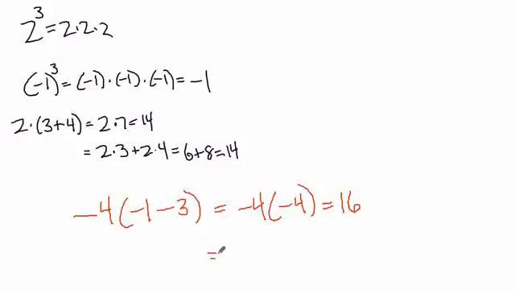And then by distributing, now you're going to get to use your multiplication skills. Minus 4 times minus 1 is the first product, and for the second product, you can either add minus 4 times minus 3, or you can subtract minus 4 times 3. So I will do plus minus 4 times minus 3.